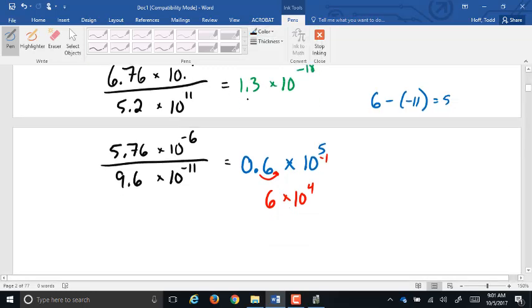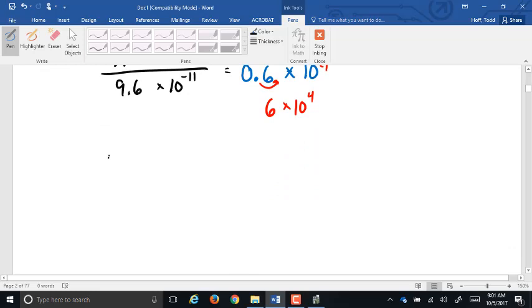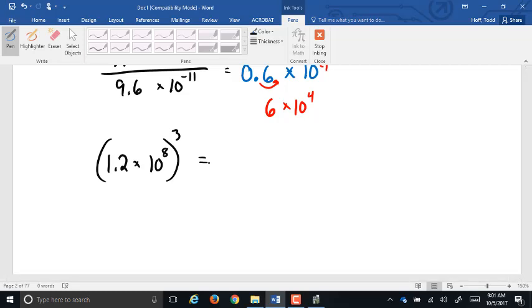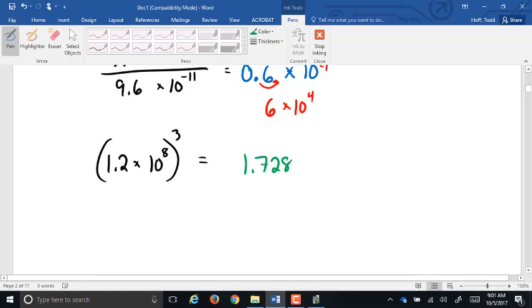We can even play around a little bit with powers. Like this one, 1.2 times 10 to the 8th to the 3rd power. What's 1.2 to the 3rd power? 1.728.